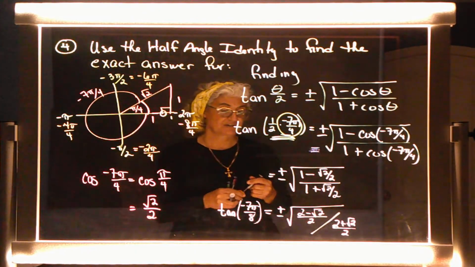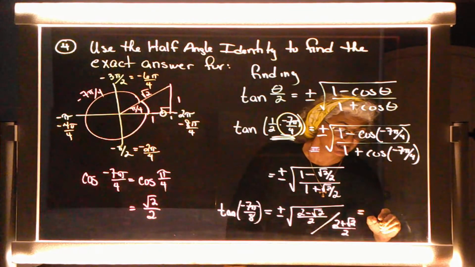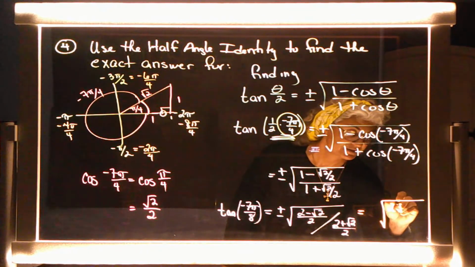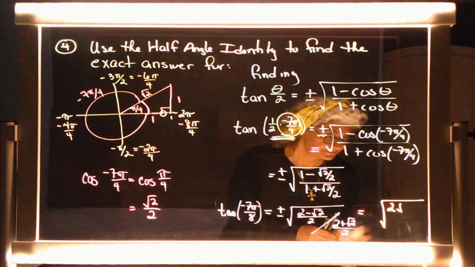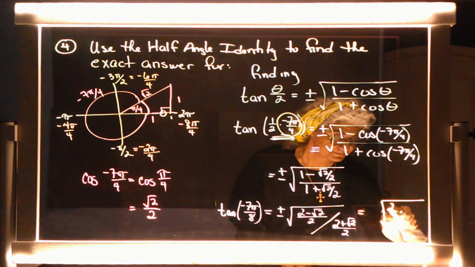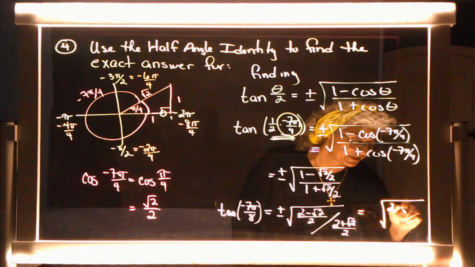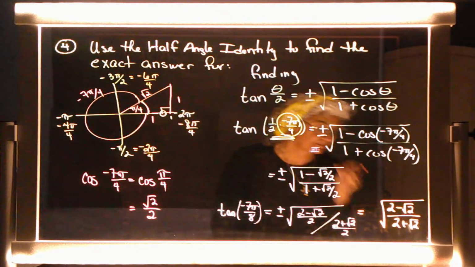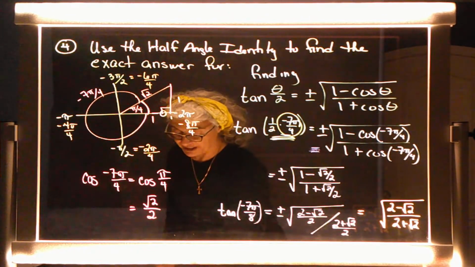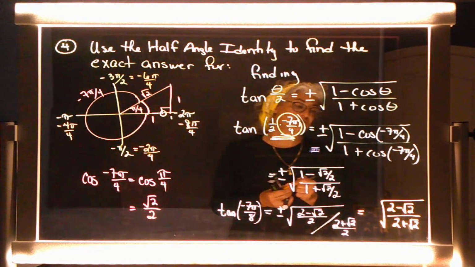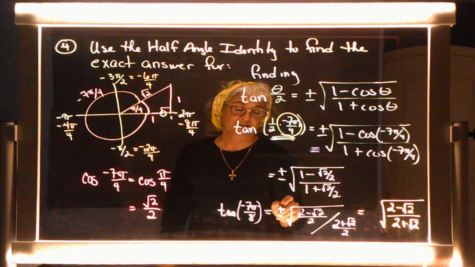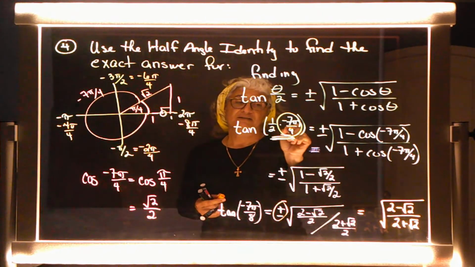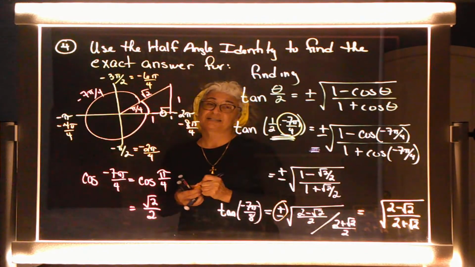Which tells me that I am going to get the square root of 2 minus... square root of 2 over 2 plus square root of 2. Now all I need to figure out is if that answer is a positive answer or a negative answer. It can't be both. It has to be one or the other. And if I know what quadrant that negative 7 pi over 8 is in, we'll be good.